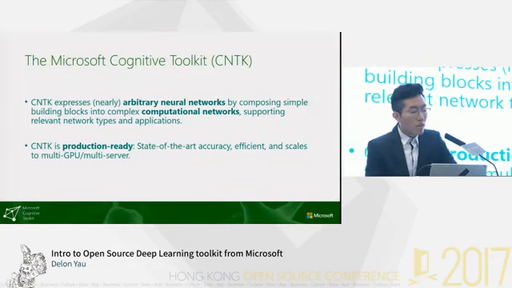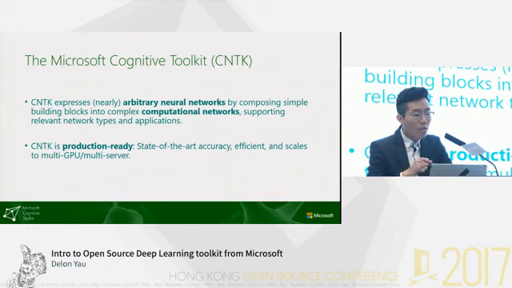Later on, I will give you a little deep dive into what deep learning is and how we leverage neural networks as building blocks to build complex computational networks supporting the application. As I said before, CNTK is production ready.